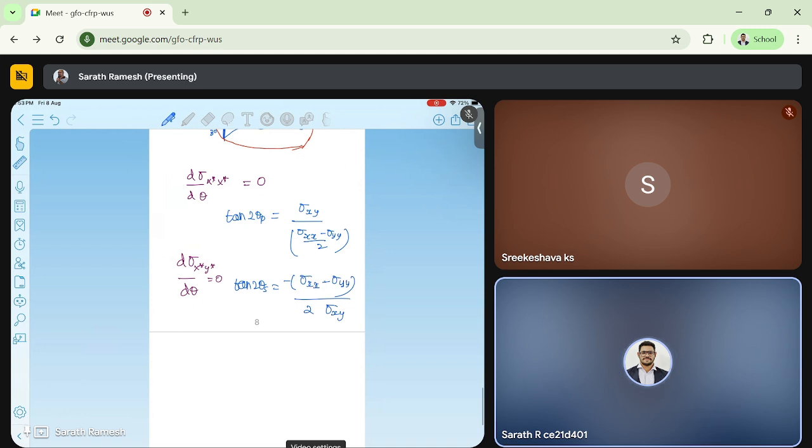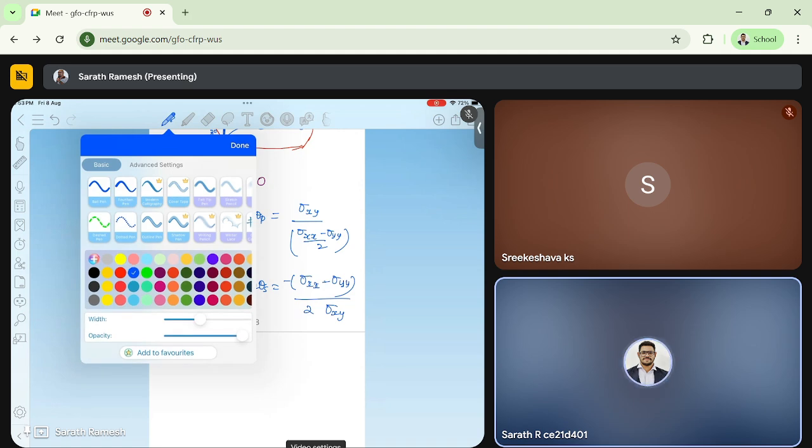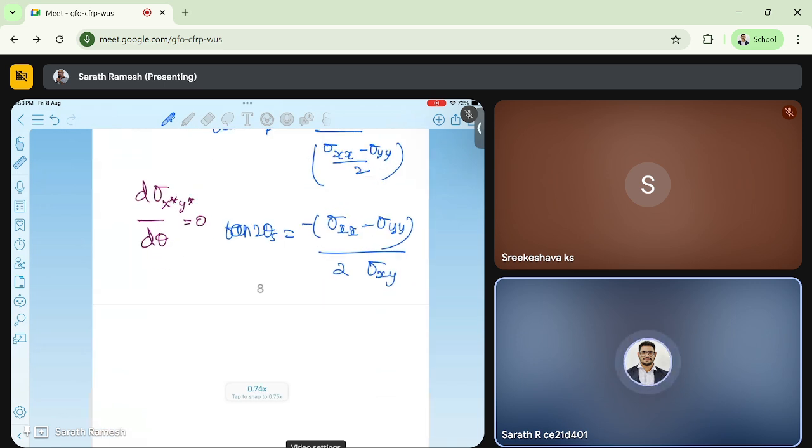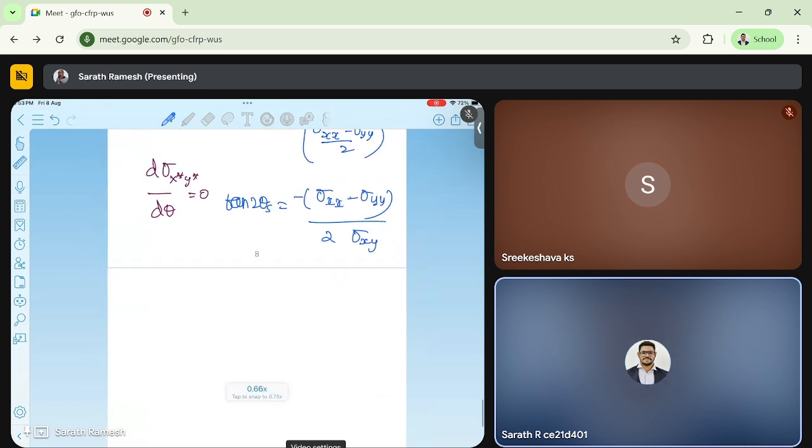And when we substitute this tan 2 theta p in sigma xx and sigma yy, we can again get the values for principal stresses. So I'm writing the analytical expression, sigma 1, 2. 1 is the maximum, 2 is the minimum, assume.